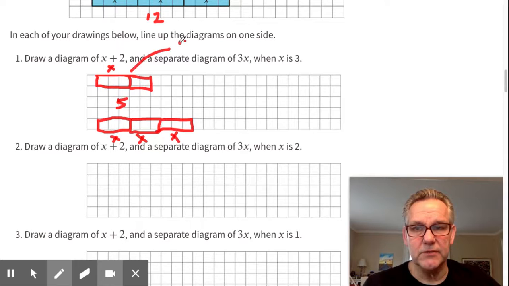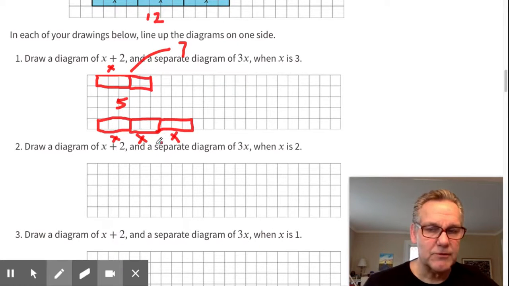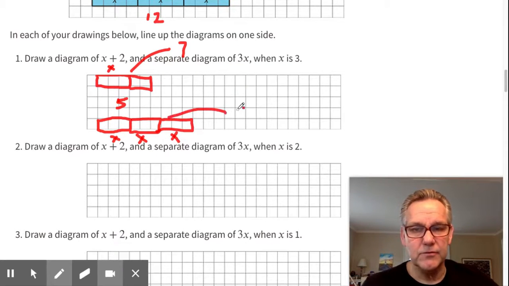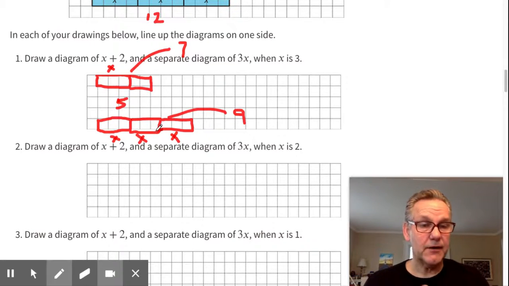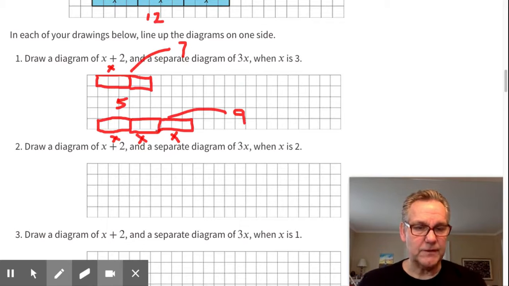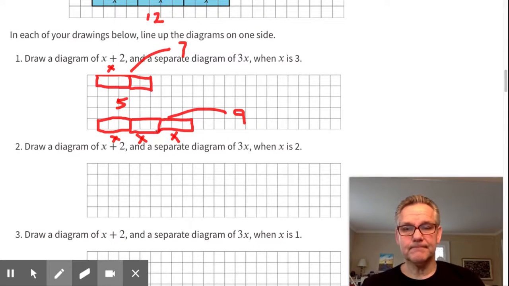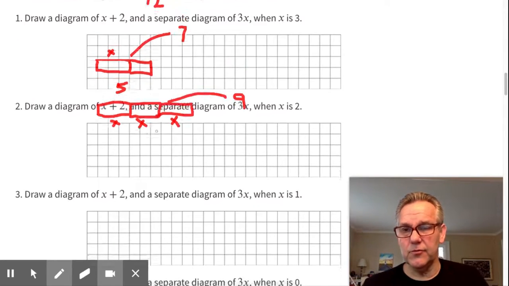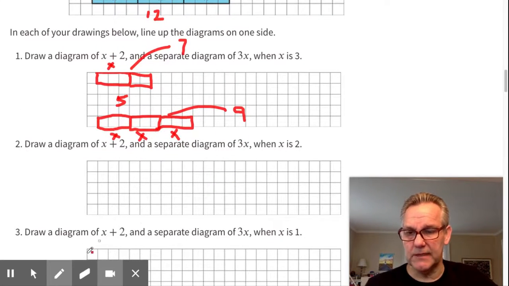So this part's equal to 7. And 3 times 3, or 3 plus 3 plus 3, this is equal to 9. So they wanted us to line it up so that we could see inherently that those are not equivalent. They're not equal. Okay, so I'd like you, let me erase that.